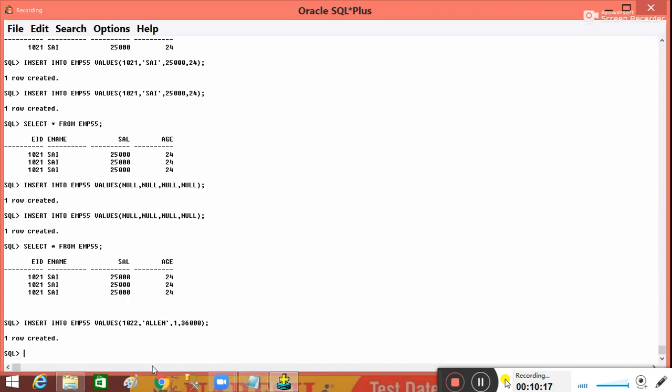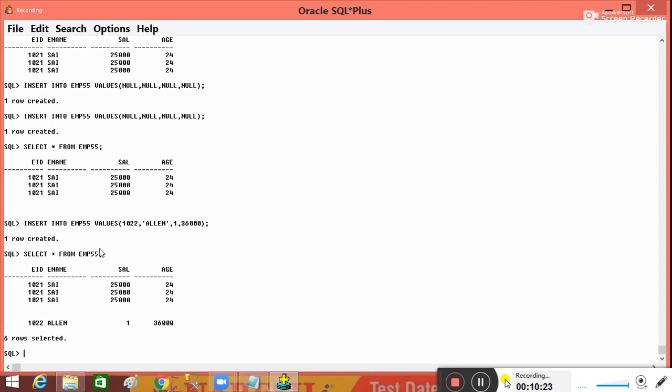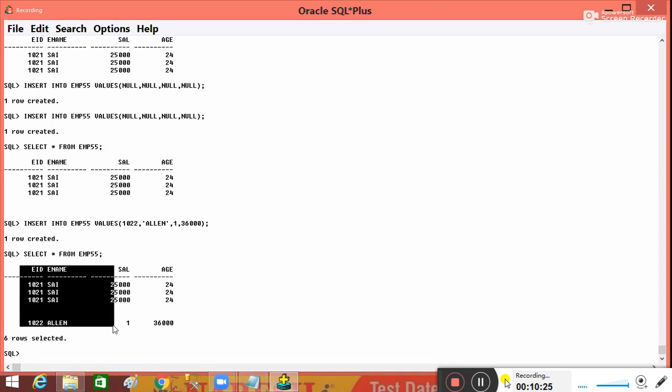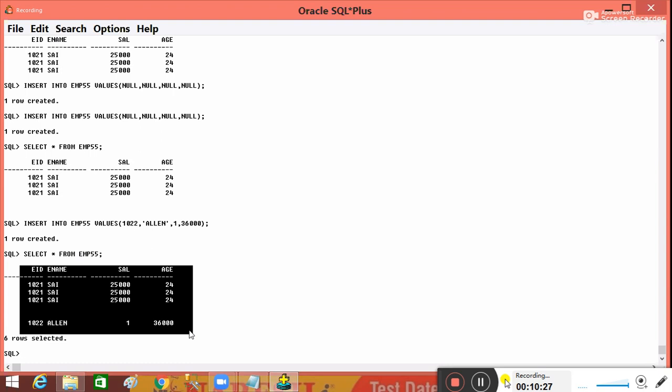So can you see my table? In this EMP55 table that I created, you have three problems: duplicate data, null data, and invalid data also accepted.